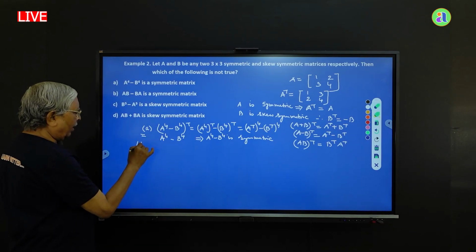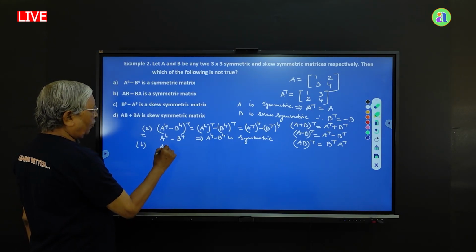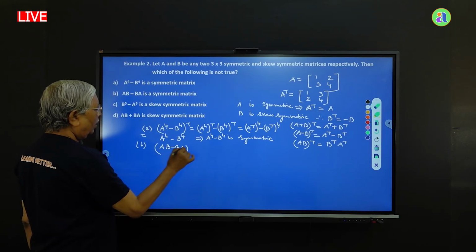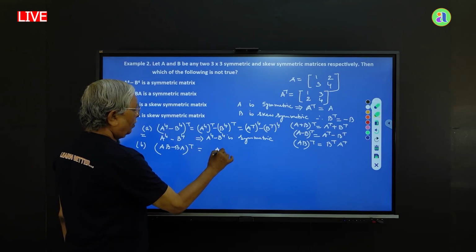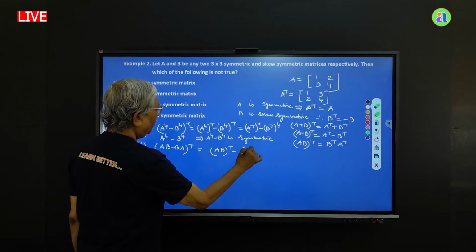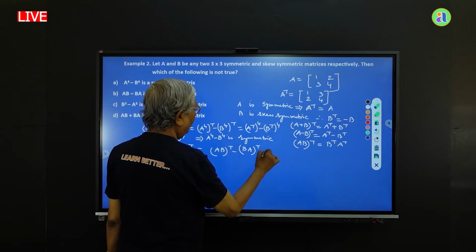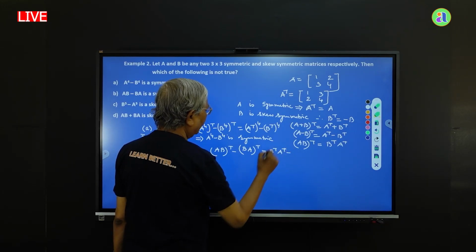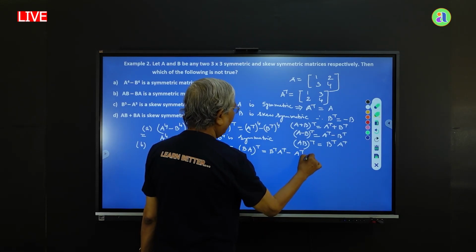Now come to the second one, AB minus BA. Start from here: (AB minus BA) whole transpose is equal to (AB) transpose minus (BA) transpose. Apply this formula, (AB) transpose is in reverse order: B transpose A transpose minus A transpose B transpose.